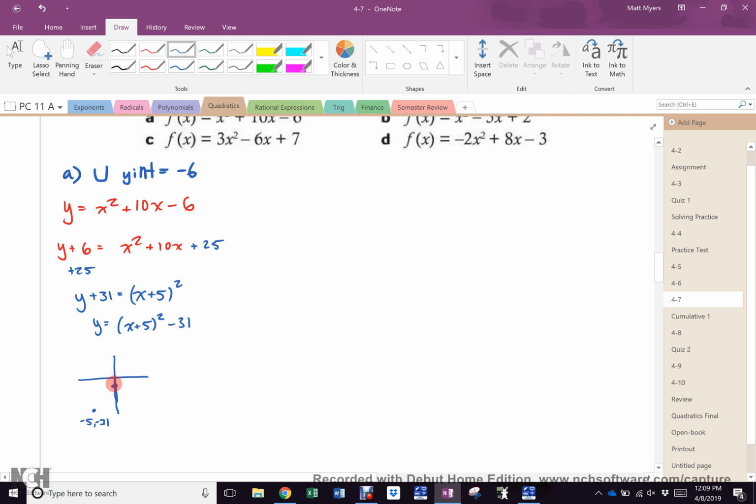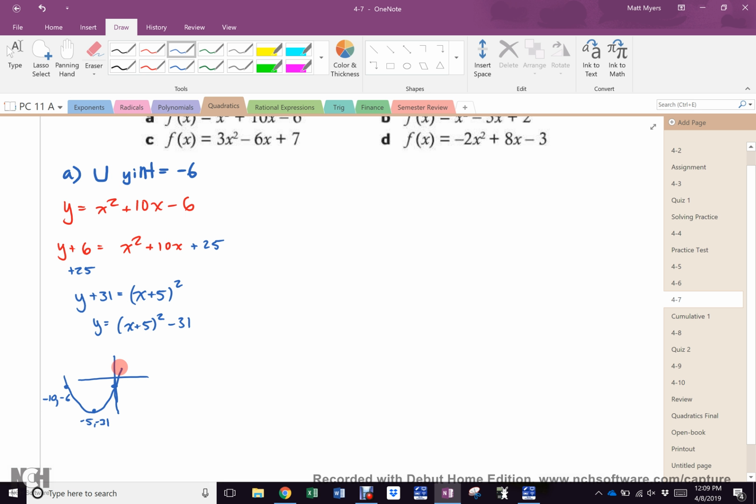Yes? Okay. So that means I got to go 5 this way and up to where? -6. So what would that point right there be? -10, -6. And there's my graph. Easy peasy, yeah?